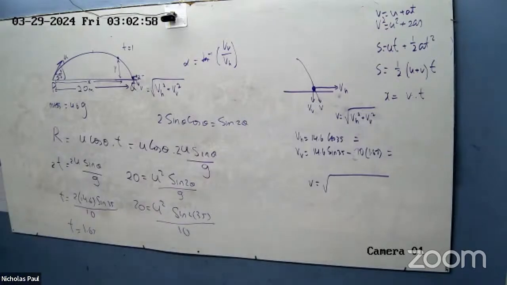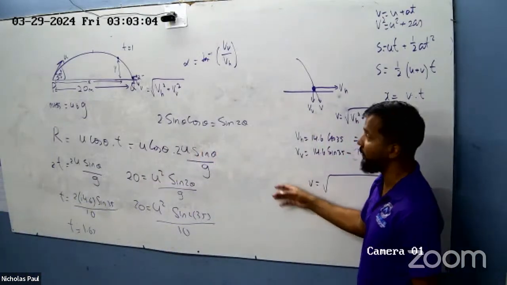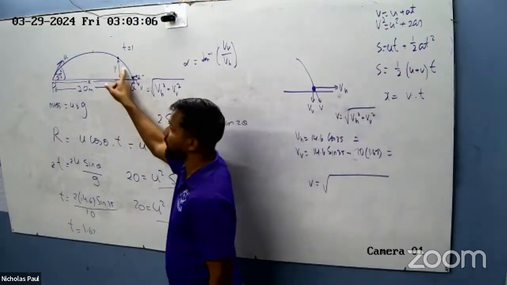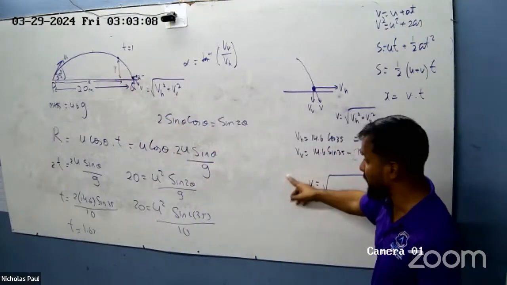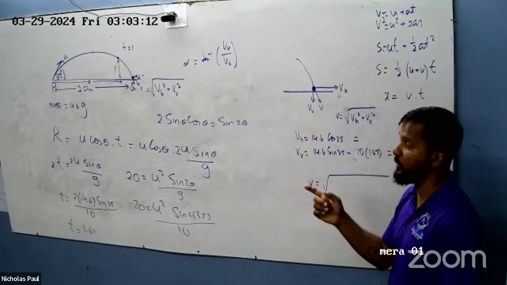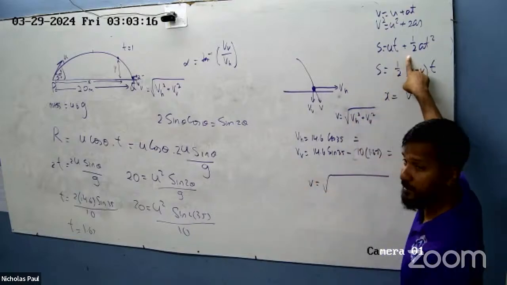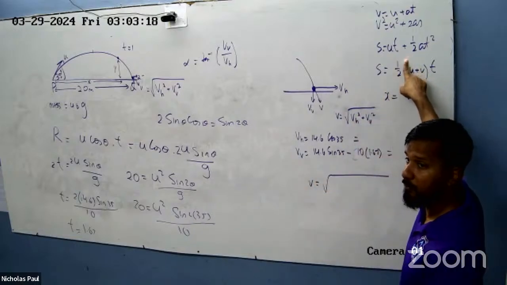Well, there you go. I made a mistake and rubbed off X and Y, this side. Just check back, but to find Y, I use this.